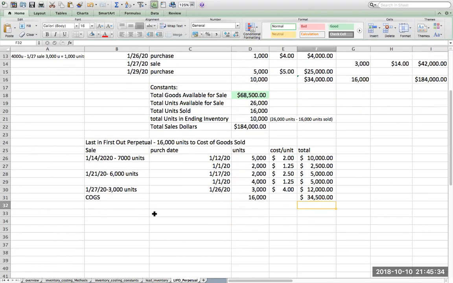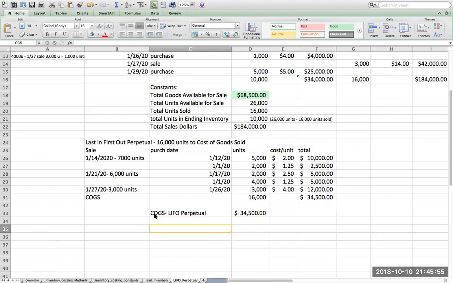I will be asking on my exams for two things. I'm going to ask you for cost of goods sold under LIFO or last in, first out perpetual. And that cost of goods sold under LIFO perpetual will be 34,500.